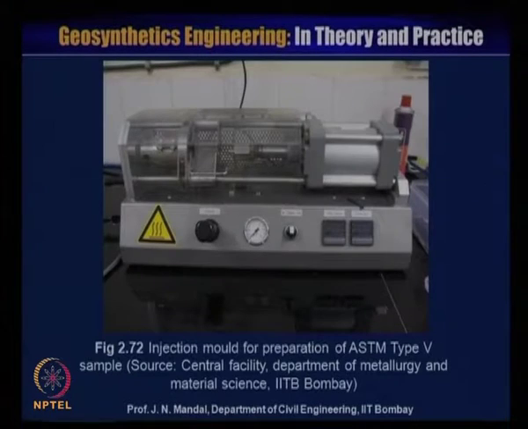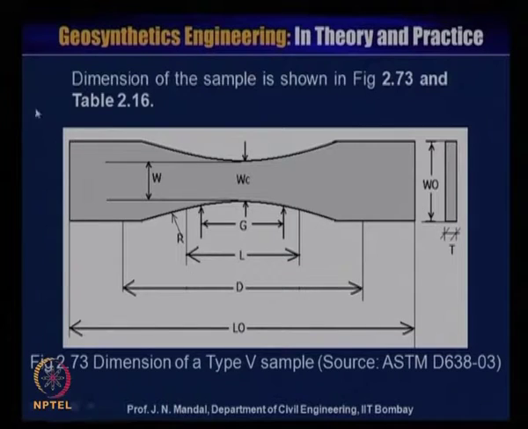So you can see, this is the injection mold for the preparation of the ASTM type V sample, and this is also a central facility of the Department of Metallurgy and Material Science, IIT Bombay, and from this we can prepare this kind of sample and perform the test. This is the dimension of the sample as per ASTM D638. So you know all these dimensions of this sample.